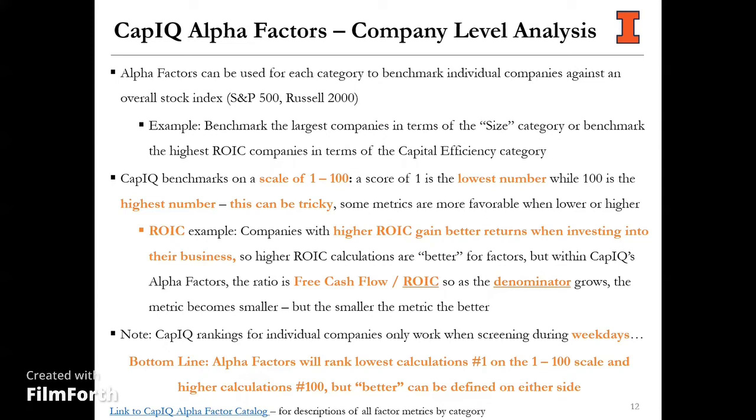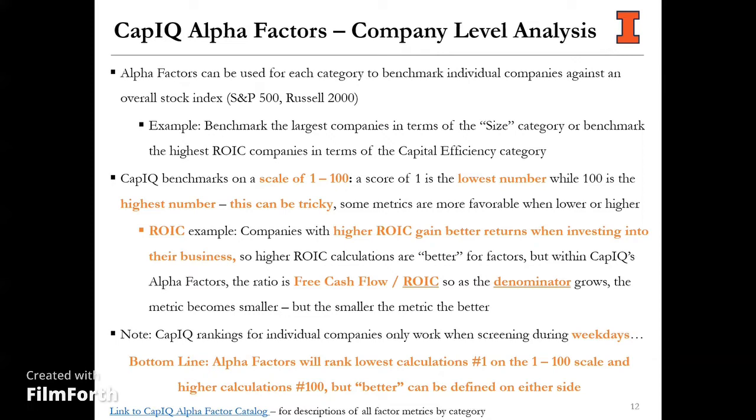So each individual company is benchmarked in terms of size based on how large they are in market capitalization, or they're benchmarked by quality for those that have higher returns on invested capital. Those that have higher ROIC, in terms of the capital efficiency or quality category available in alpha factors, will be ranked higher. So CapIQ is helping us screen for the most capital efficient.